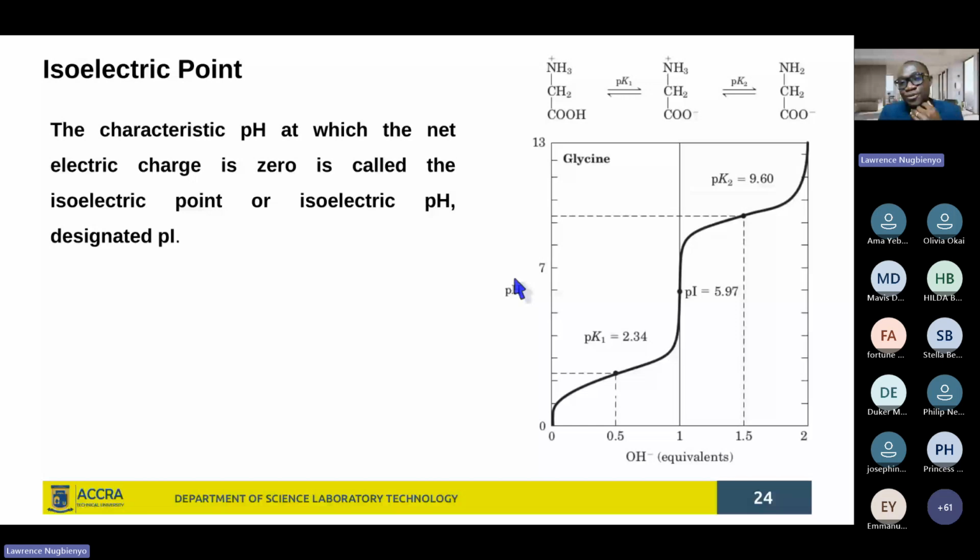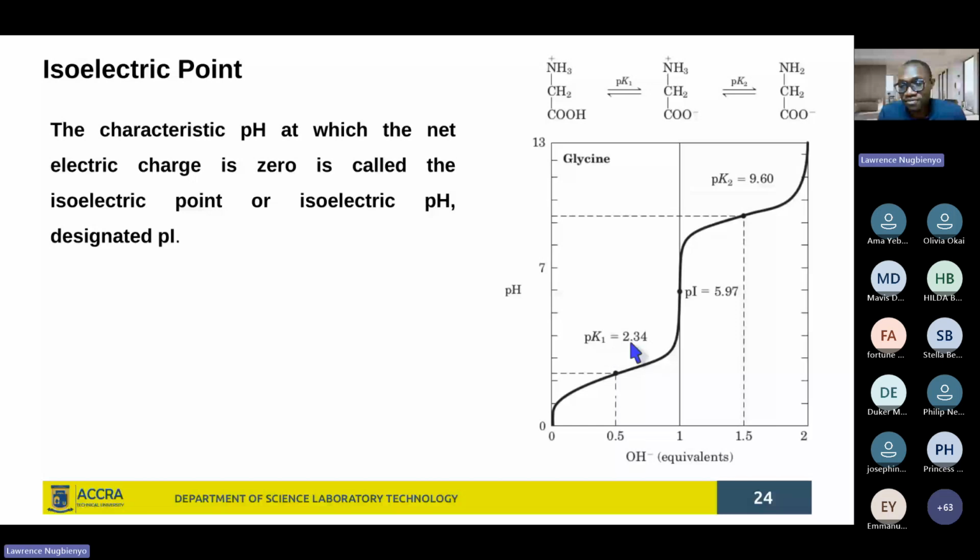Now, if we take the smallest amino acid, glycine, as an example, and that amino acid fully protonated, the reaction which we just looked at, the first hydrogen ion, which is given out by the carboxylic acid group, is having a pK value.